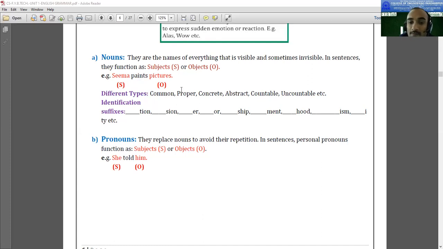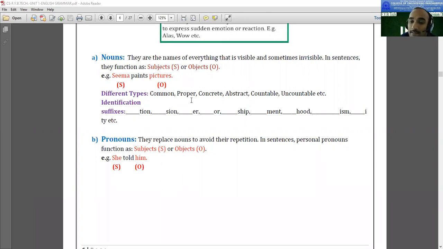So proper nouns are the specific or particular names of a person, place, thing, animal, or object.